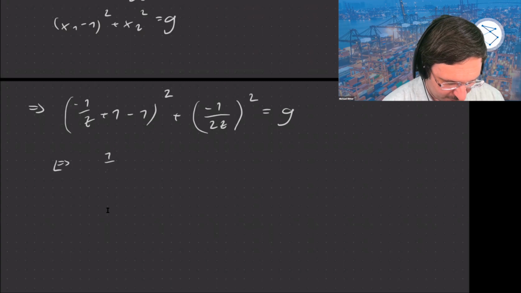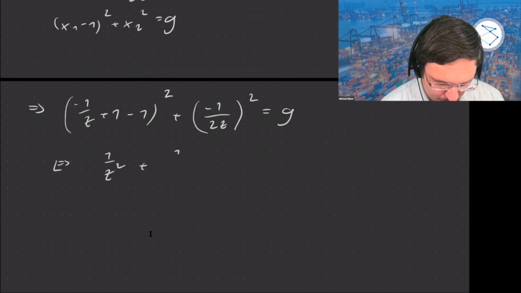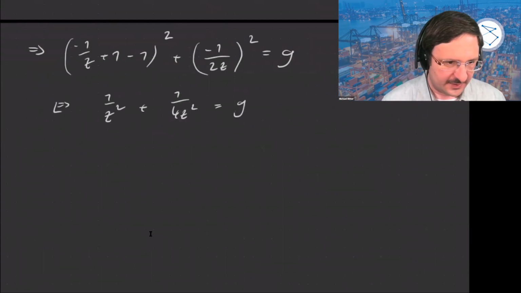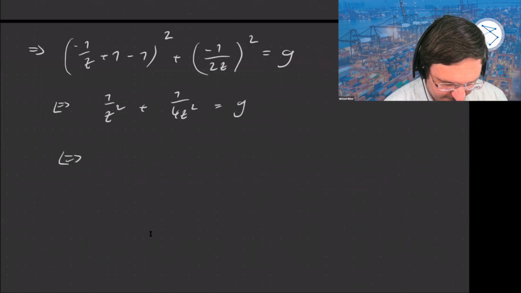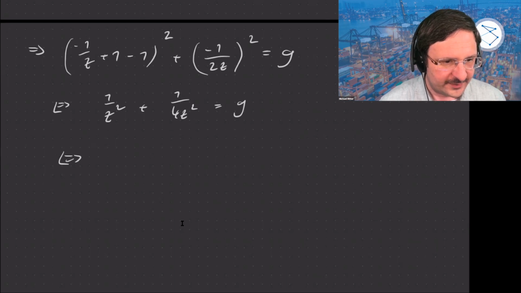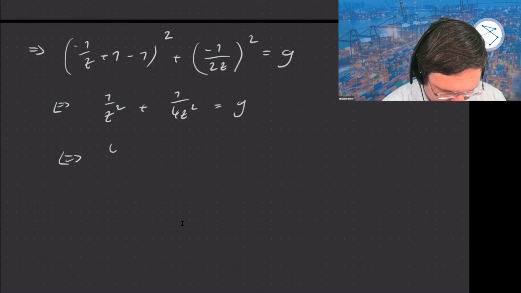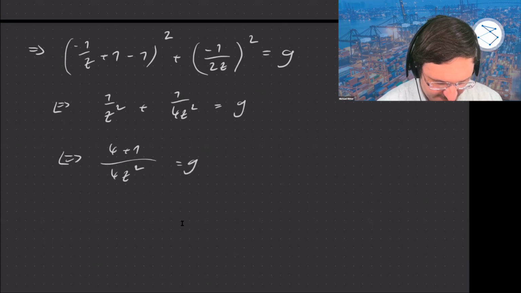So that's 1 over c squared plus 1 over 4c squared equals 9. And let's solve this. So that means we have 5 over 4c squared.